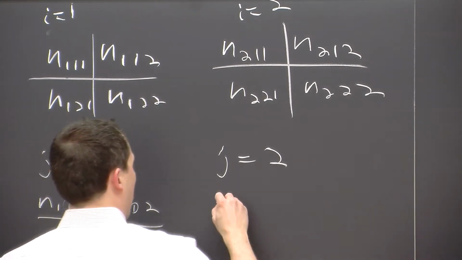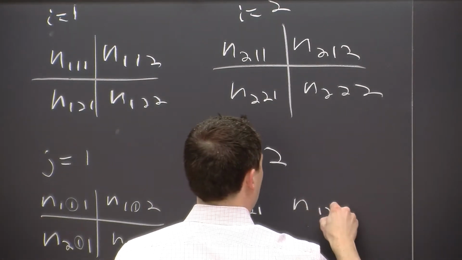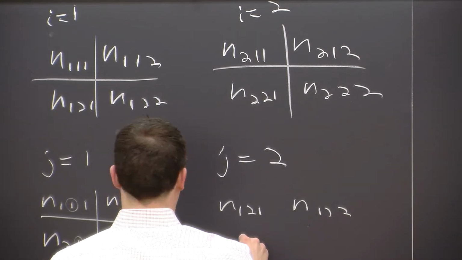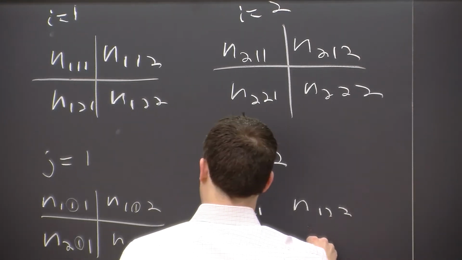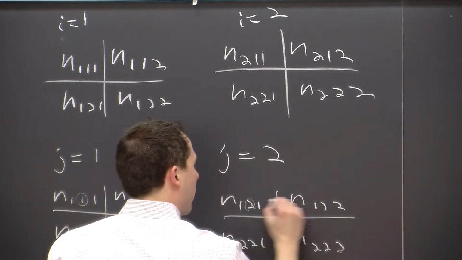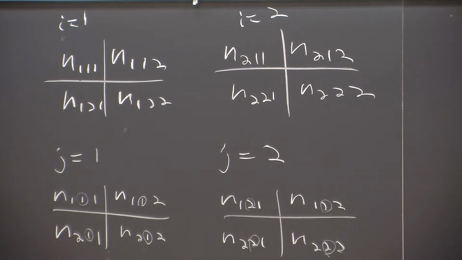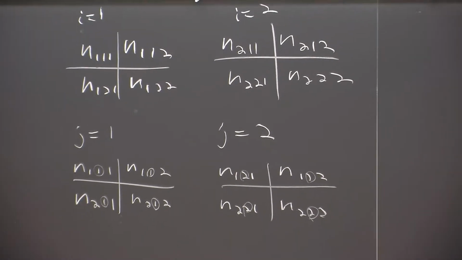And over here I would have n121, n122, n221, and n222. So this is the same 2 by 2 by 2 table presented in two different ways.